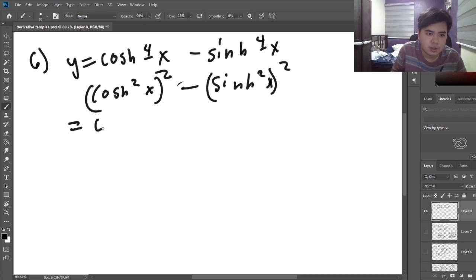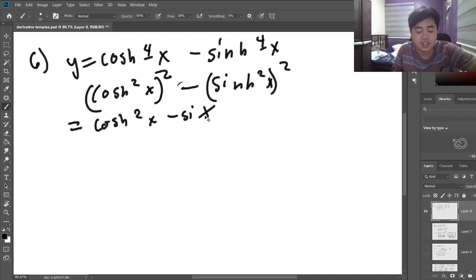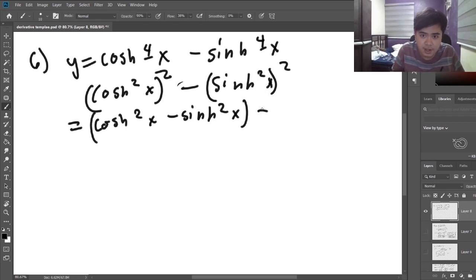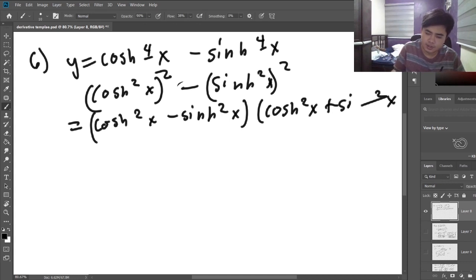So cosh squared x minus sinh squared x, and then not minus, just plain multiply, cosh squared x plus sinh squared x.